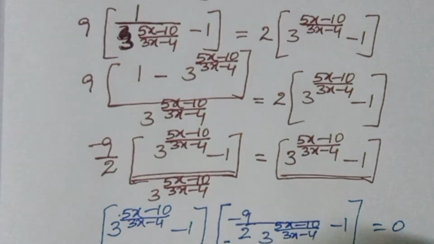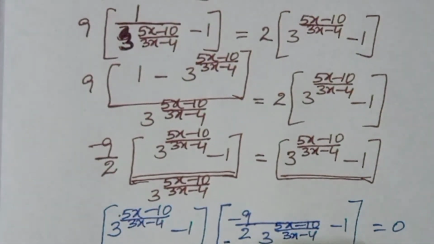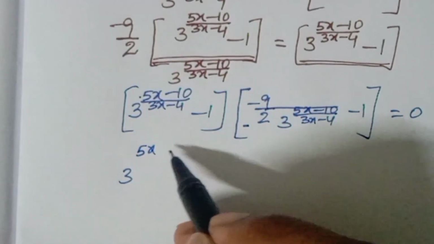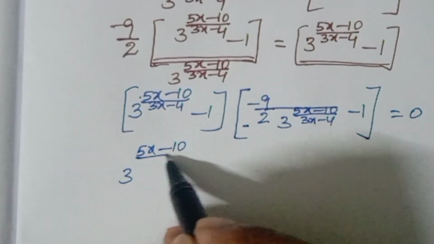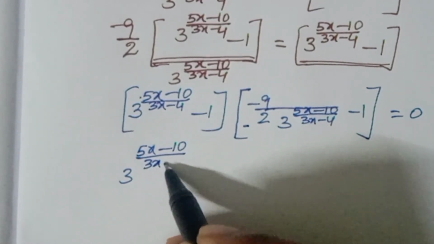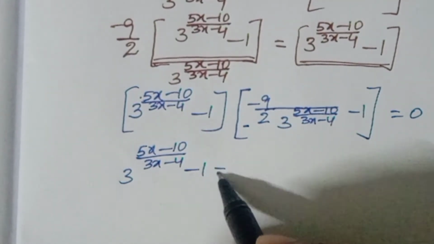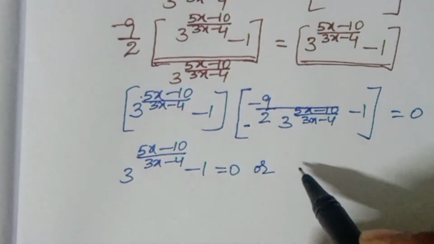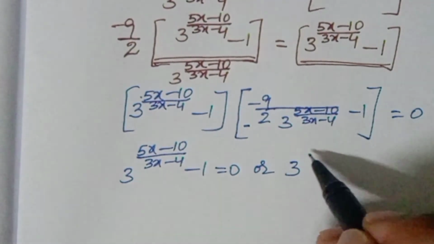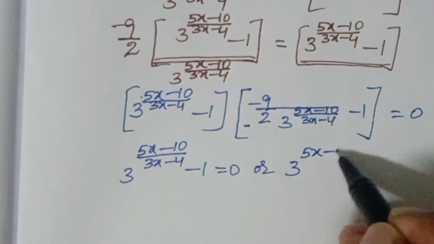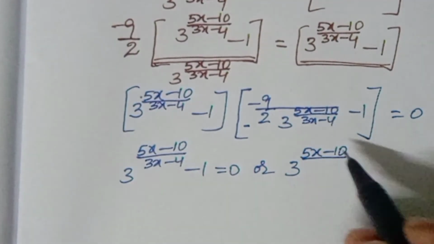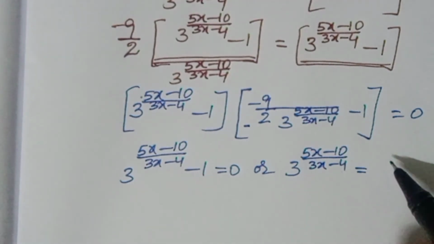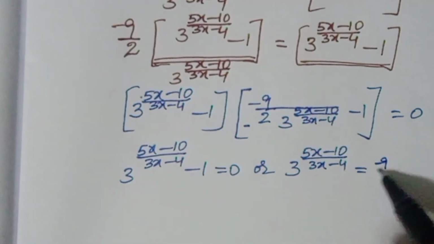So this value is equal to 0. 3 to the power of (5x minus 10) by (3x minus 4) minus 1 equal to 0, or 3 to the power of (5x minus 10) by (3x minus 4) is equal to minus 9 by 2.